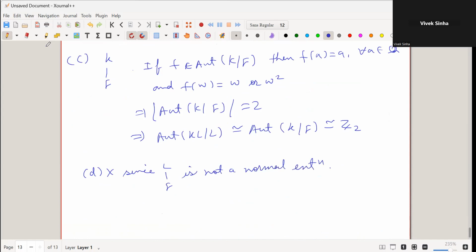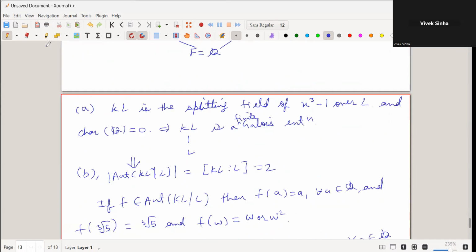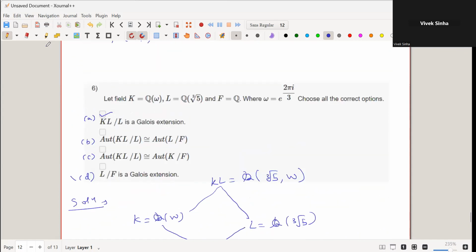So yes, D part is not correct, and this is correct. Okay, so I think we will stop here, and we will see the remaining 4 questions and assignment number 7 in the next lecture.